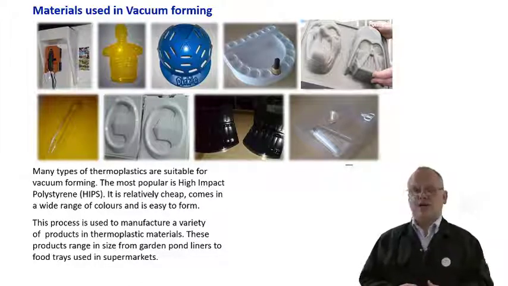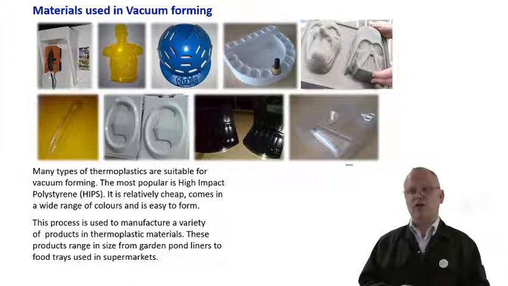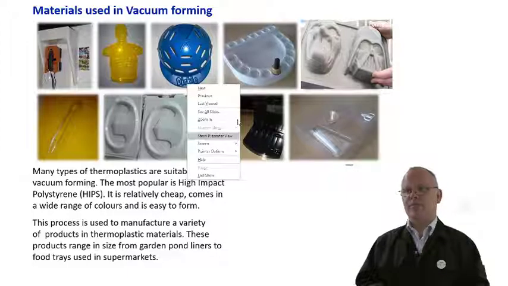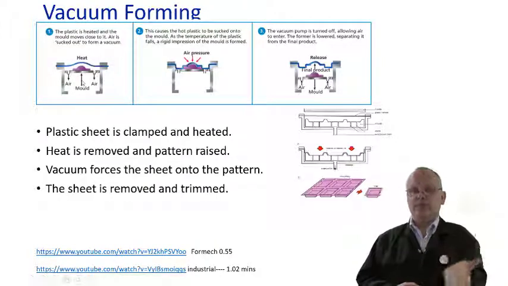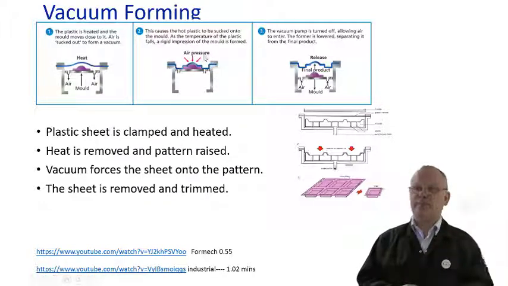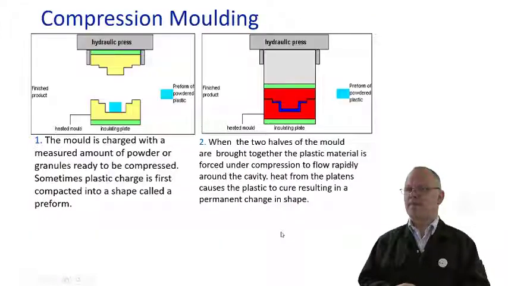Okay, so vacuum forming, make sure you're able to describe the process. We'll watch a video on it, it all happens quite quickly, but if I go back to my previous one, we've got a heater, we've got the table that comes up and down with the former on it, we've got atmospheric pressure that pushes in, and then the table goes down, releasing the product. You'll see it in the video.